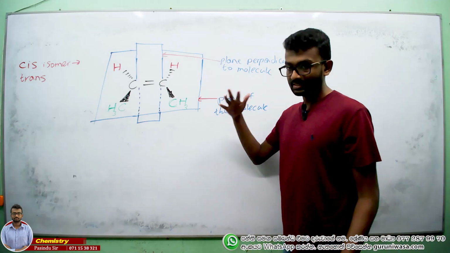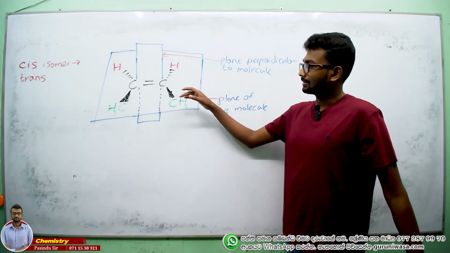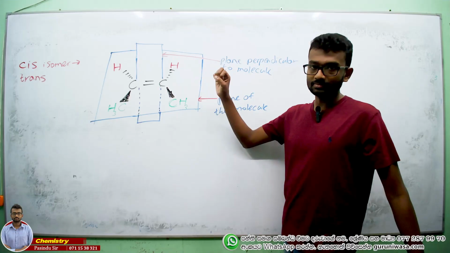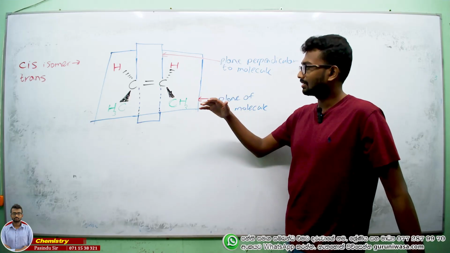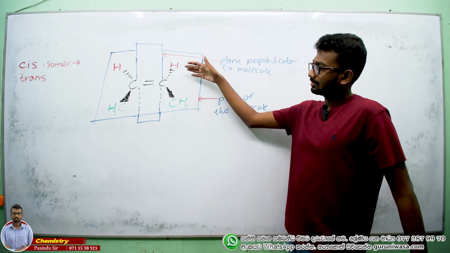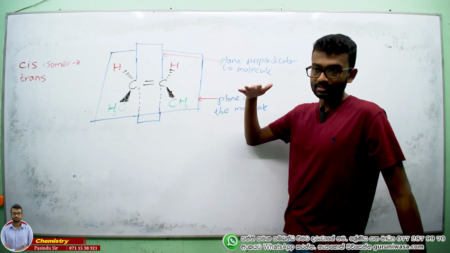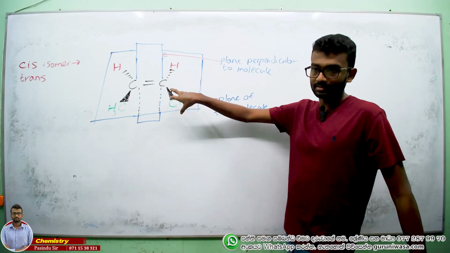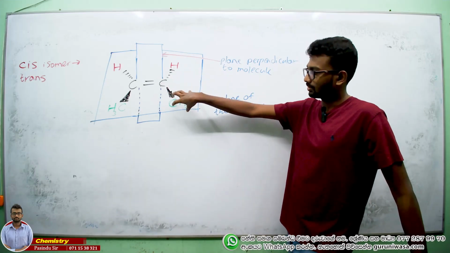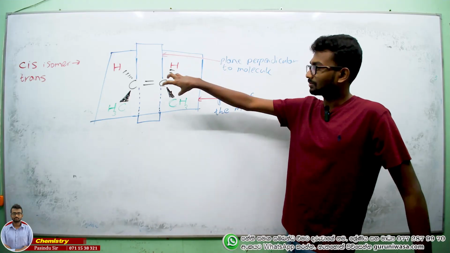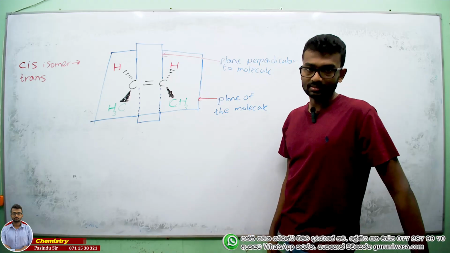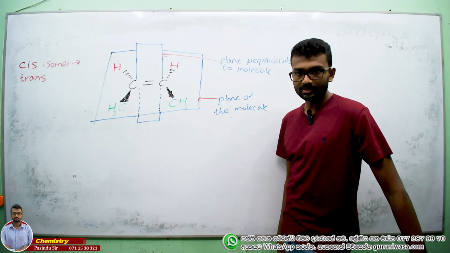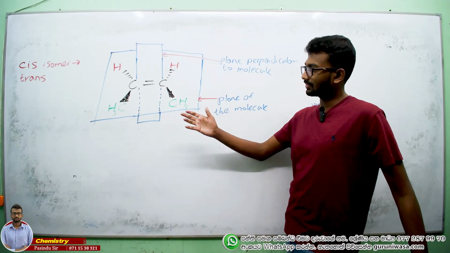Just basically understand this system states or gives the idea about the arrangement of the atoms, I mean the groups around the CC double bond, right? If it says cis, then you know this kind of arrangement. Then they say trans, what will happen?